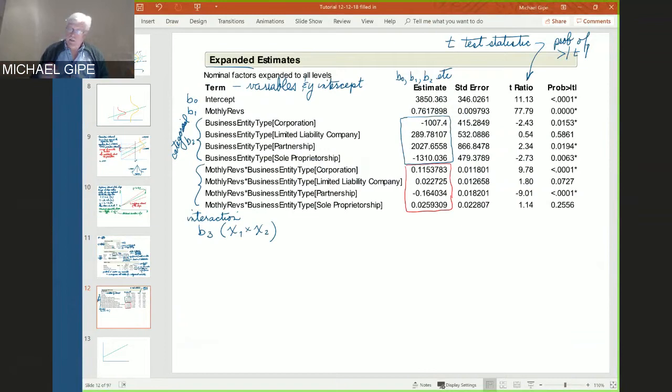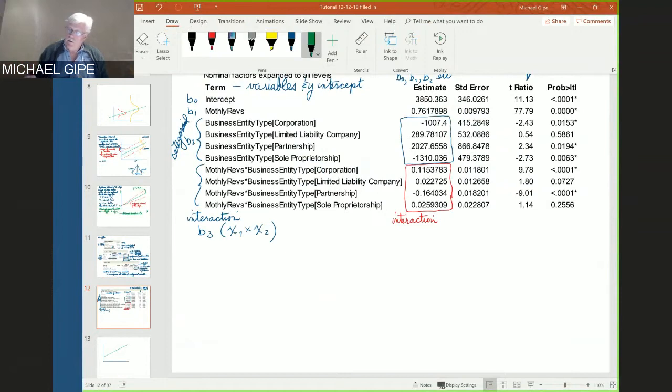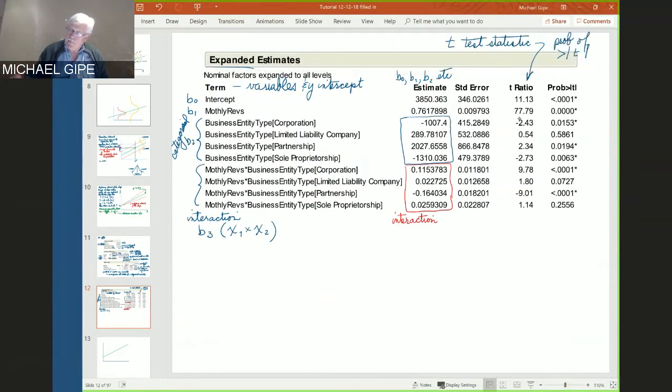Notice in this case, let's take the categorical variable itself. Notice for each level there's a different t ratio. So for each of these estimated coefficients, for each of the levels of the categorical, we have different values of the t-test statistic.